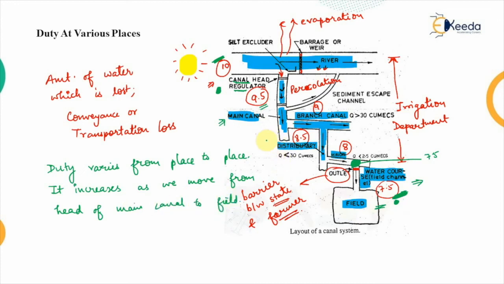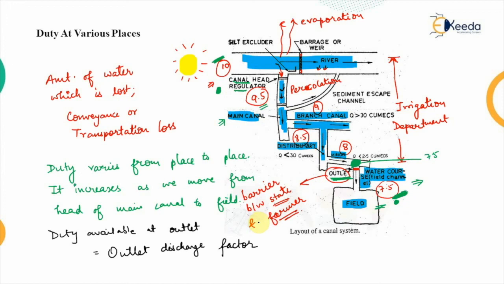So in this direction the duty will be increasing, and the duty which is available at the outlet has another name. The duty available at the outlet is known as the outlet discharge factor.